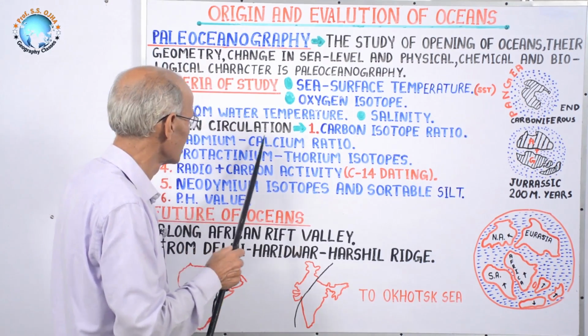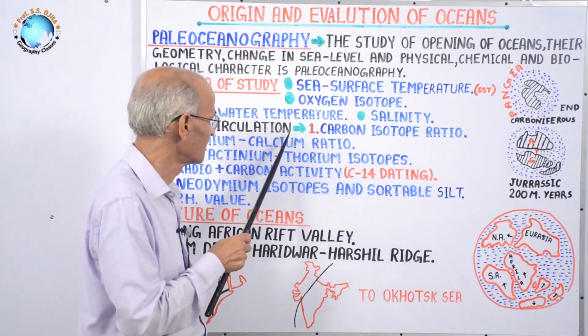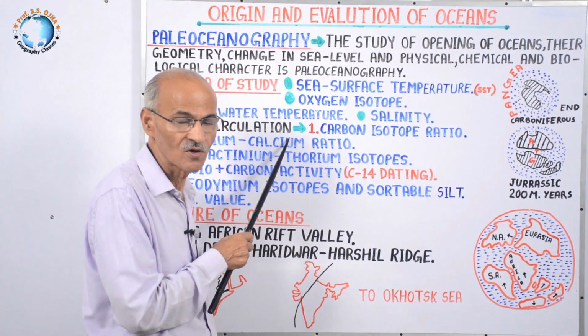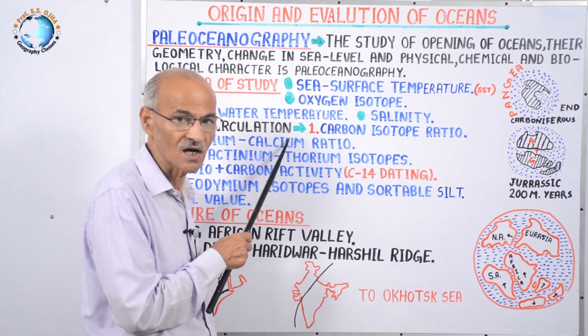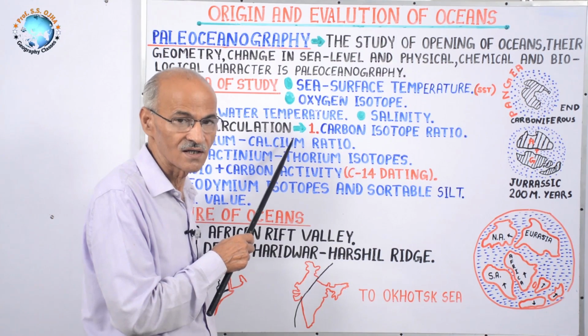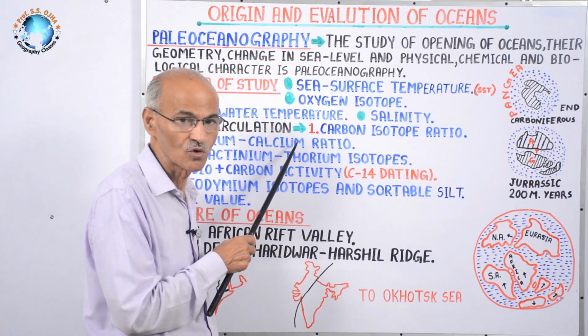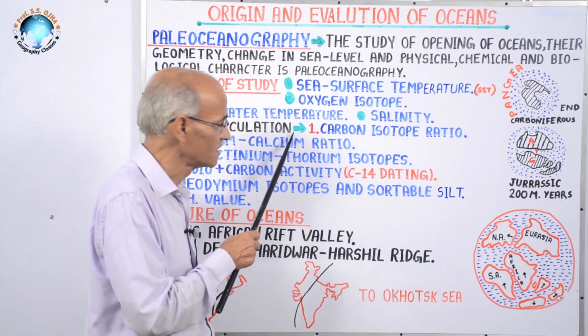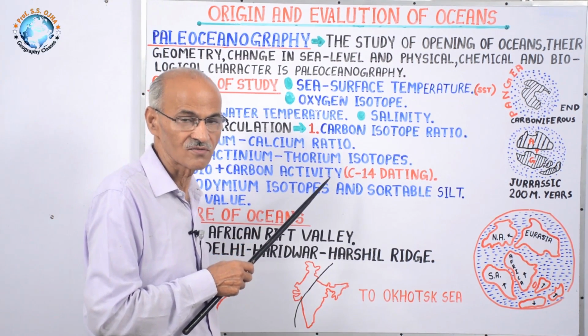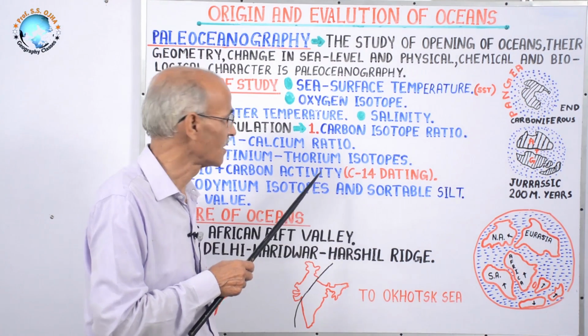Next is water circulation. Water circulation means when water is evaporated from low latitude and reaches high latitude, it freezes there, then after melting, it again comes to low latitude areas, and this is also simply termed hydrological cycle, which will be seen in our next topic.